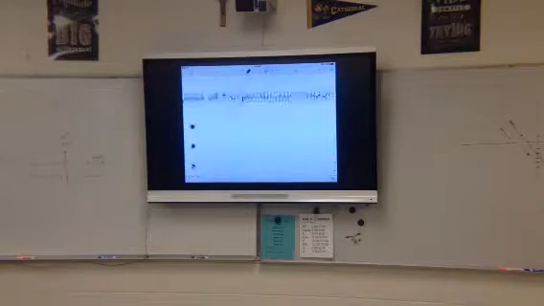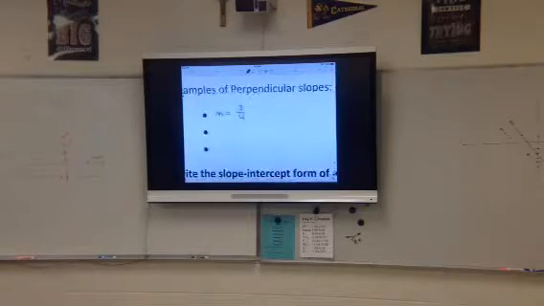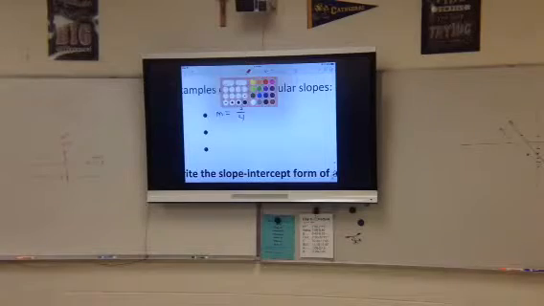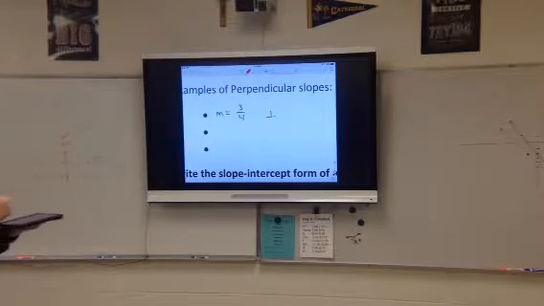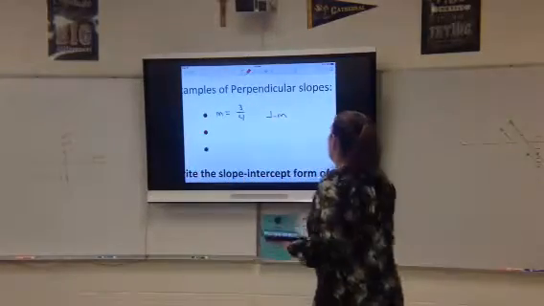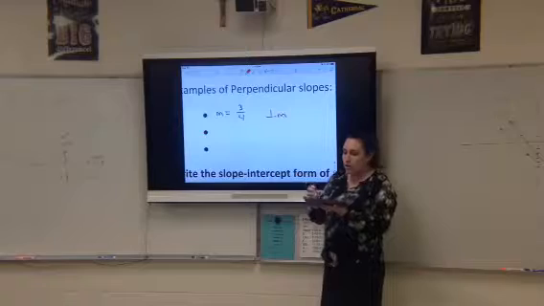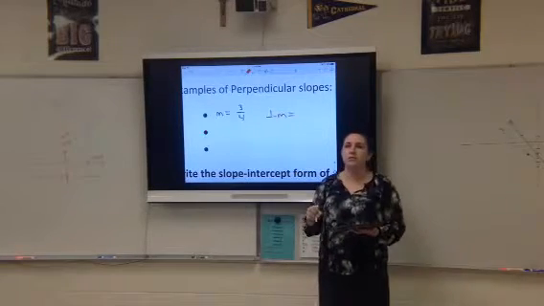Okay, so if I have a slope of 3/4, and I want the perpendicular slope, I'm going to put an upside down T in front because I know that means perpendicular now. So this is saying what's the perpendicular slope. All right, so opposite, what do you think opposite means? Negative.